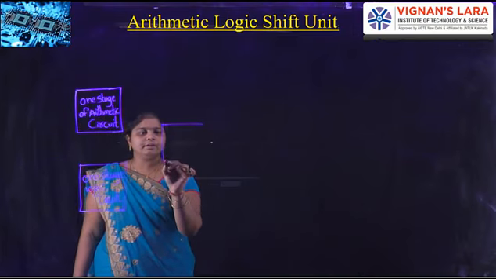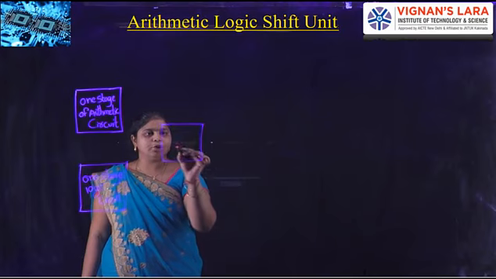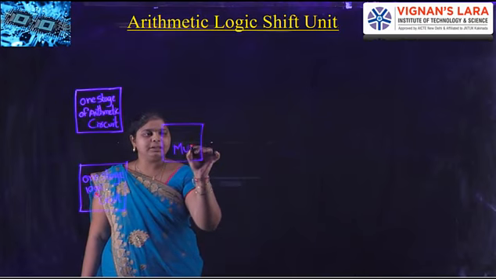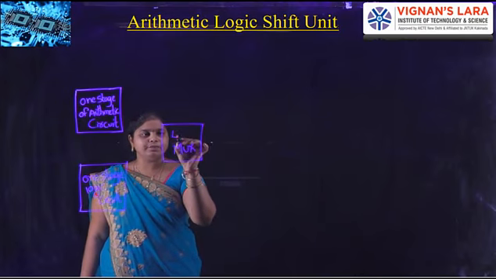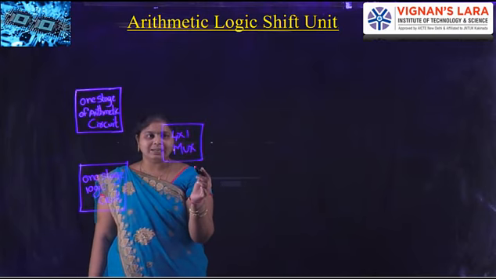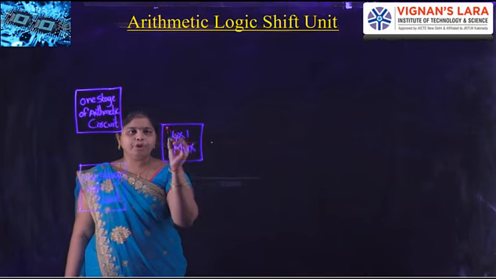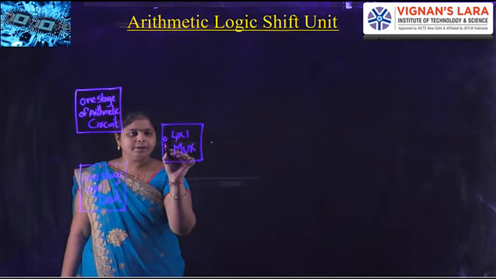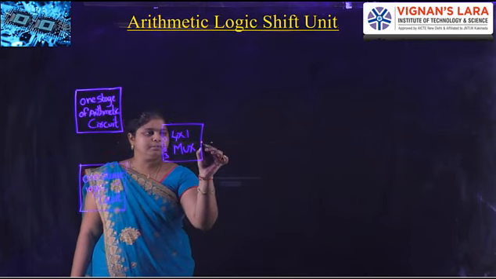In this diagram we use the multiplexer. What is the usage of the multiplexer? The information can be transferred from source to destination. Here we take a 4x1 multiplexer with 4 inputs 0, 1, 2 and 3.